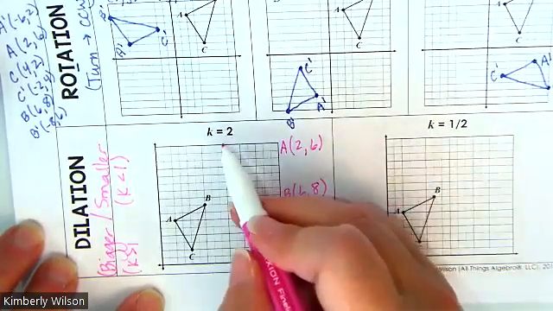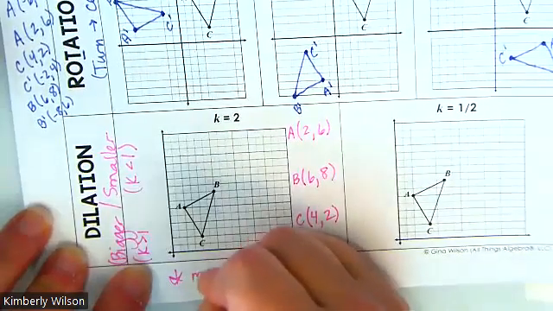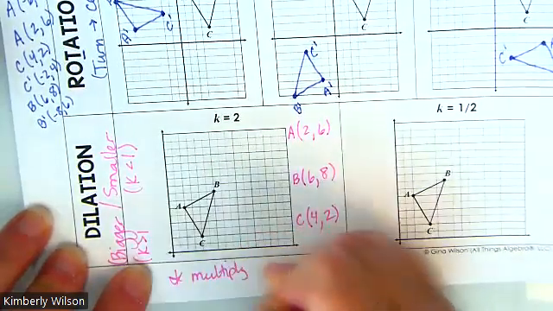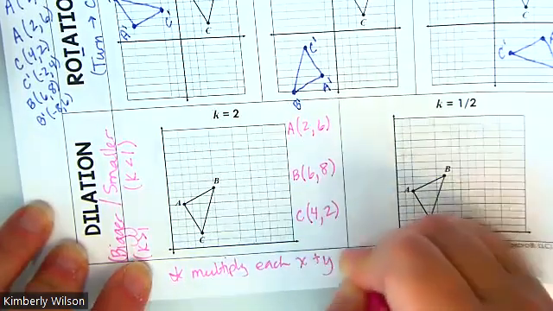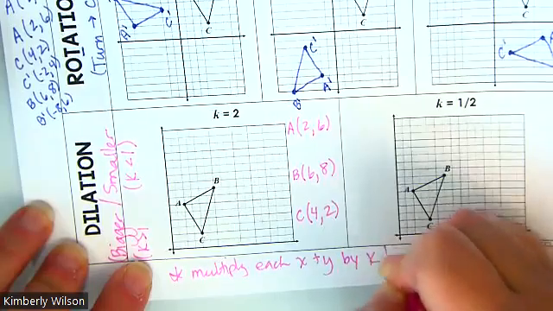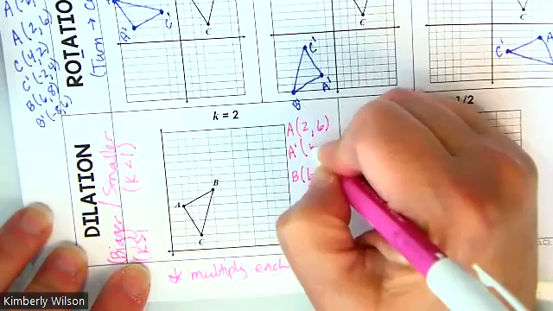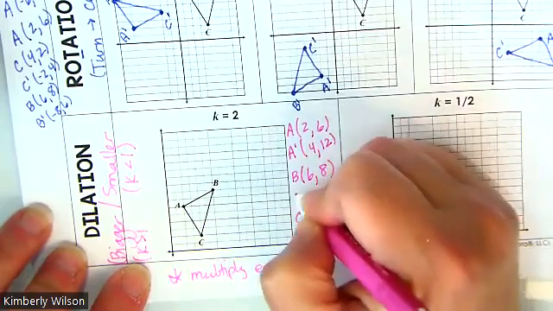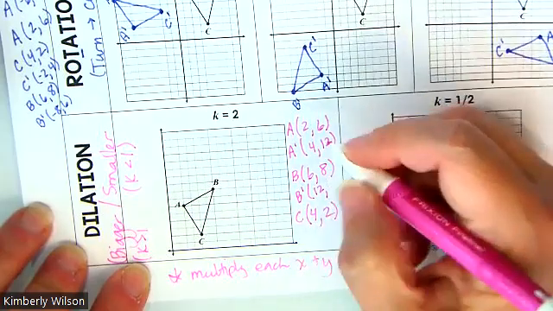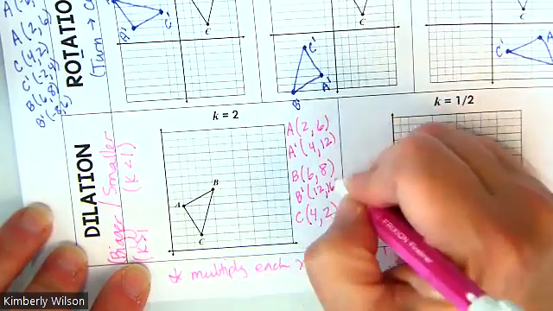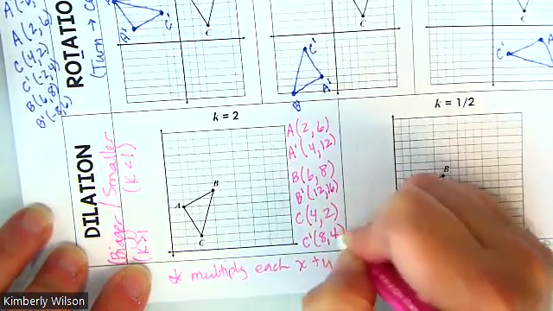Well, to work this, I'm going to multiply each X and Y by K. So A prime is going to become 4, 12. B prime is going to become 12, 16. C prime is going to become 8, 4.